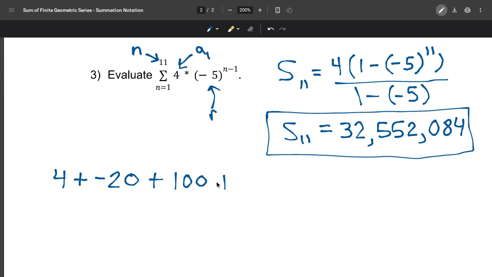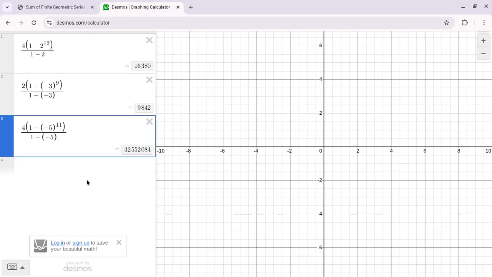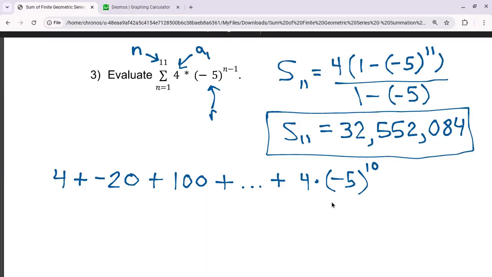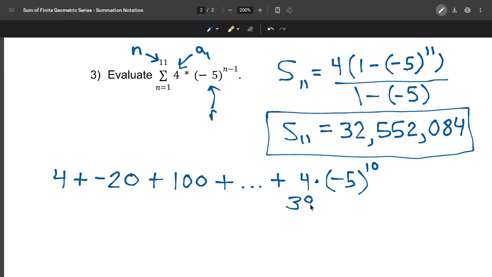And we're going to keep going all the way until we have 4 times negative 5 to the 11 minus 1, so the 10th power. Let's figure out what that number is. 4 times negative 5 to the 10th power is 39,062,500.